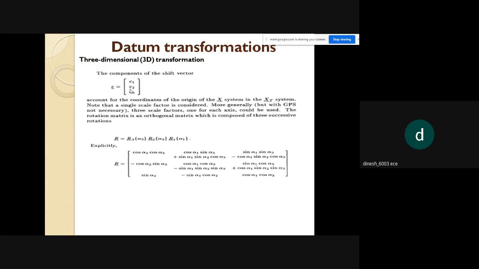The components used for shifting are C1, C2, C3.